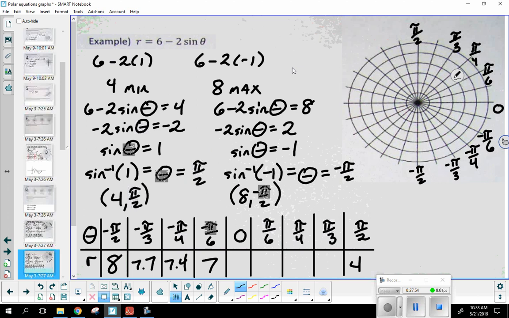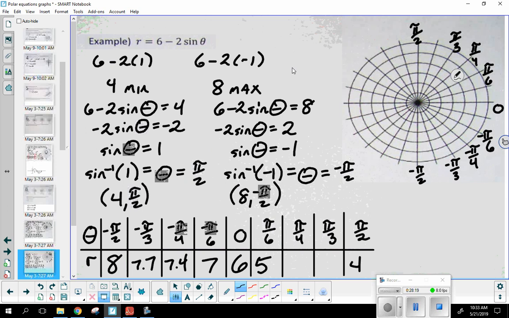So 6 minus 2 sine of 0. 6. Okay, pi over 6. Help me out with that. 6 minus 2 sine of pi over 6. 5.